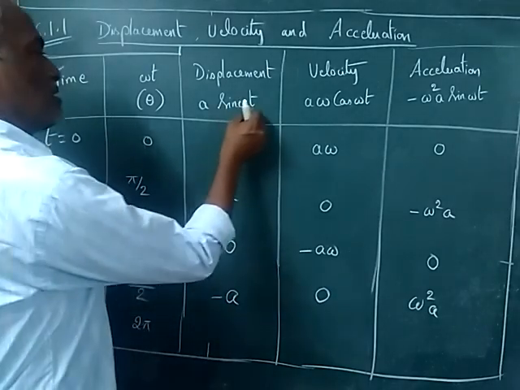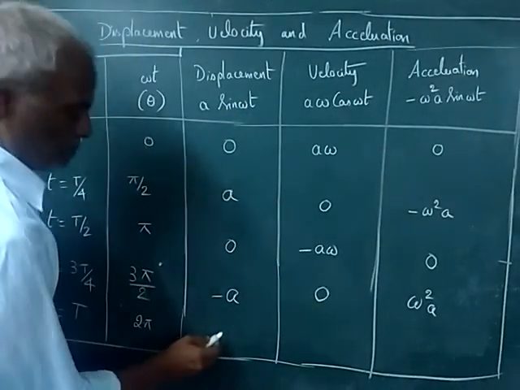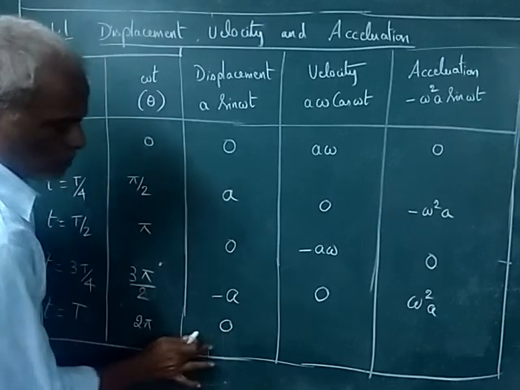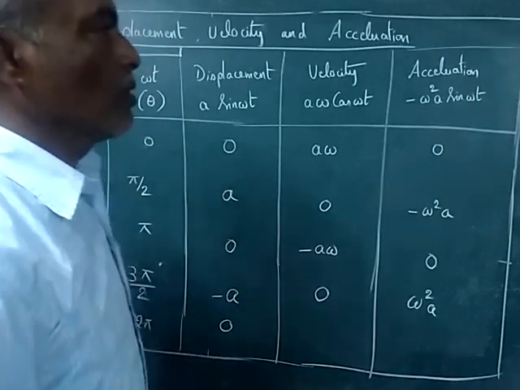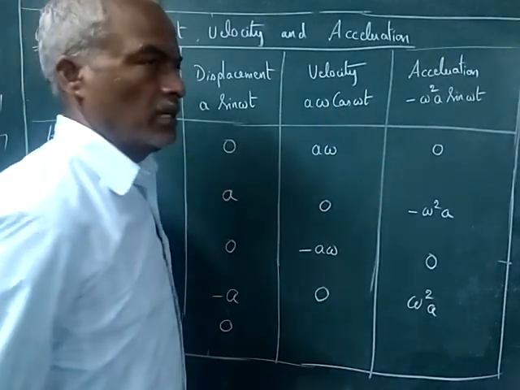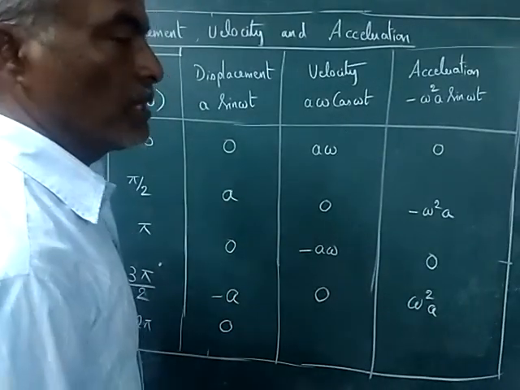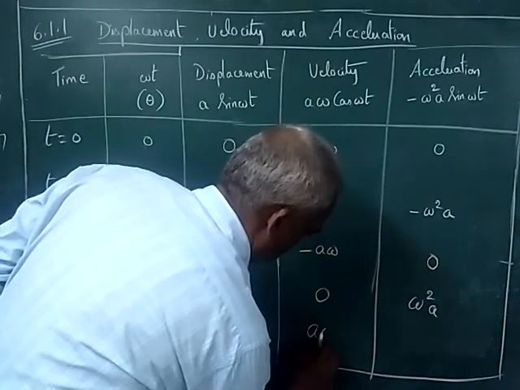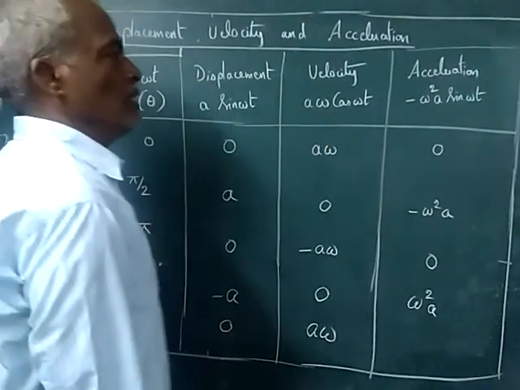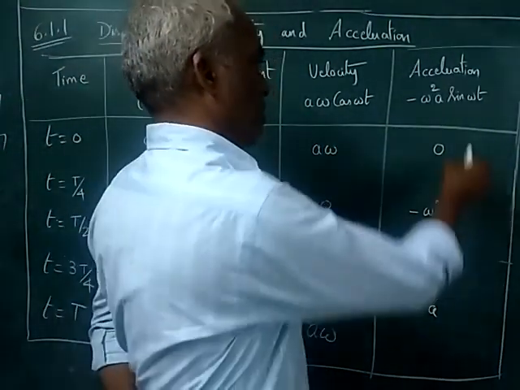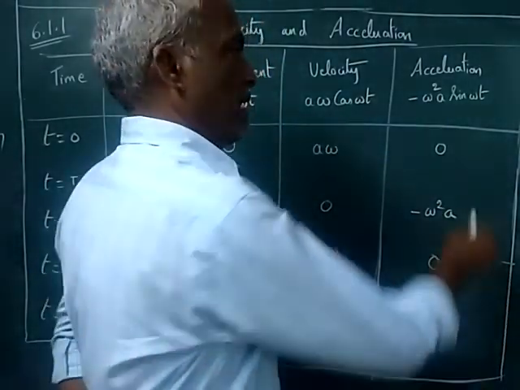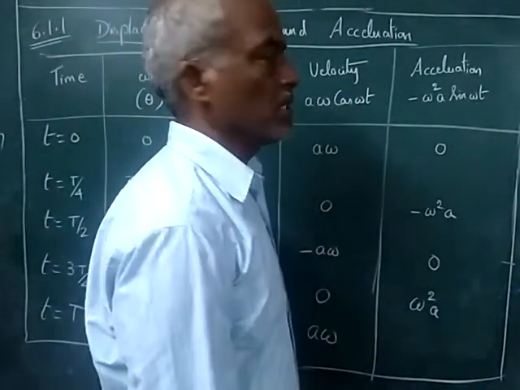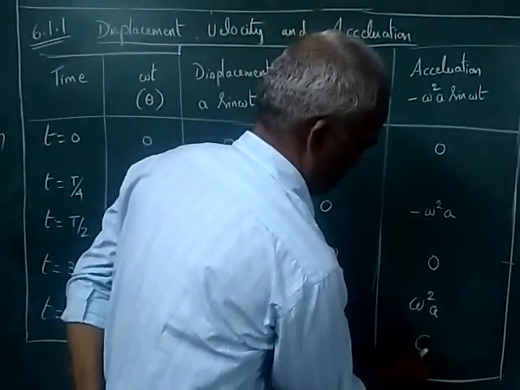So sin 360 is 0. 0 multiplied by anything is 0. Cos 360 is nothing but cos 0. Cos 0 value is 1, so it is a omega. Finally, sin 360 is 0, 0 multiplied by anything is 0.